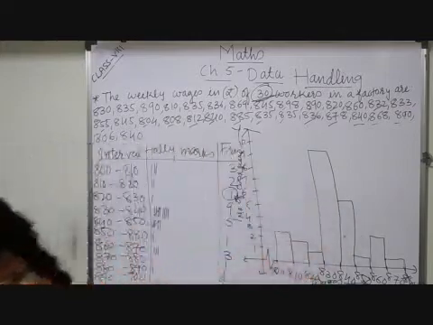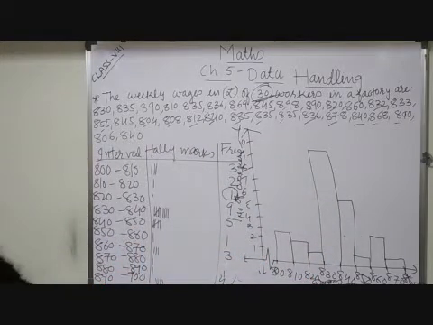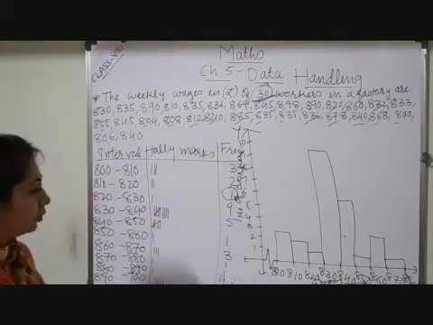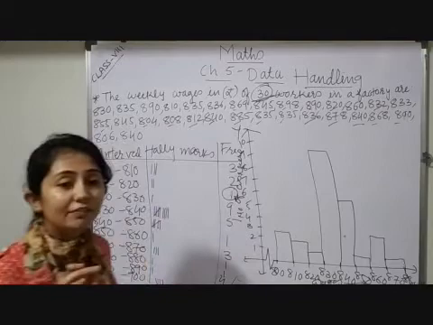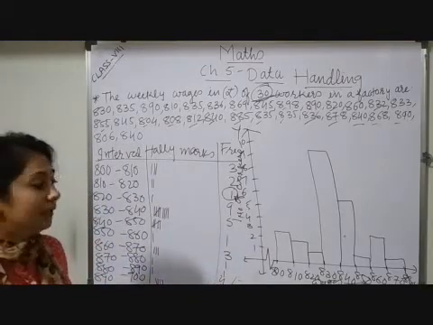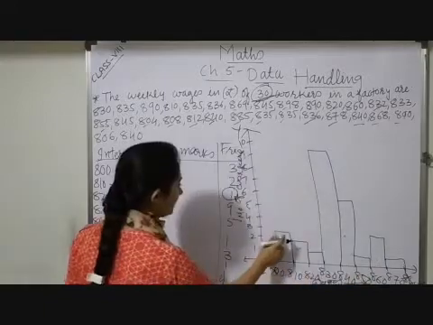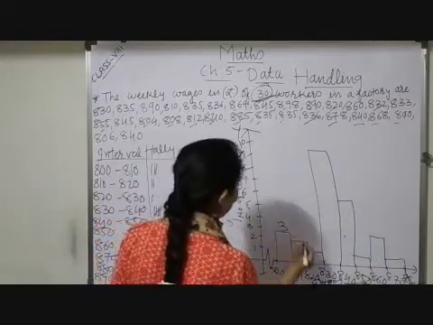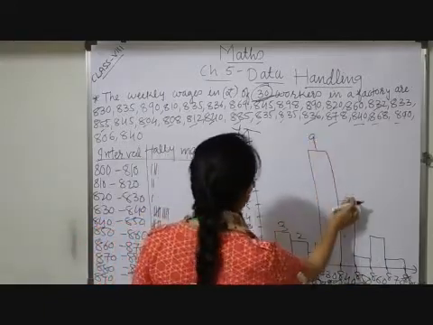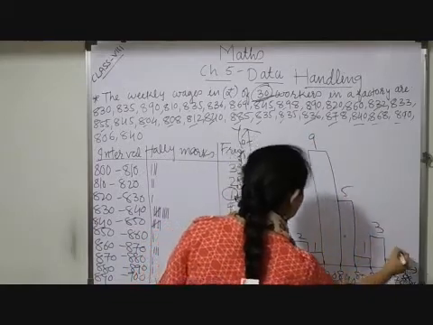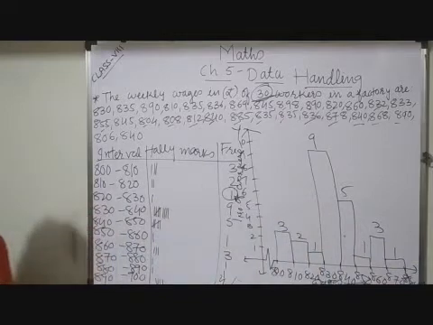Now some questions also they can ask, like how many workers on rupees 850 and more. So 850 will come where? In a lower limit. So 850 is here. So these all entries, suppose, how many? I can write 3, 2, 1, 9. This is 5, 1, 3, 1, like that. These entries also you can complete.